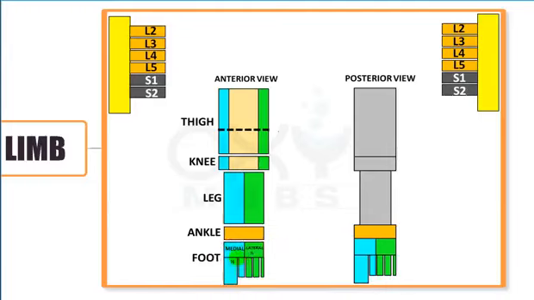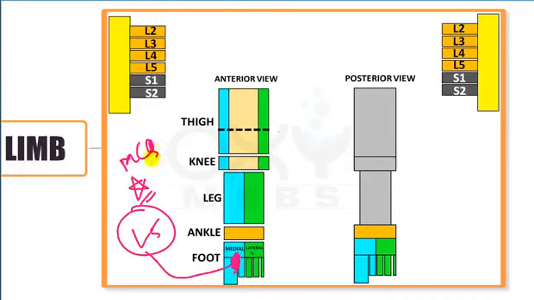It means the first interdigital part is innervated by which root value? It is by the L5. And this was an MCQ which was asked in a previous PG entrance exam. And this first interdigital space is called what?